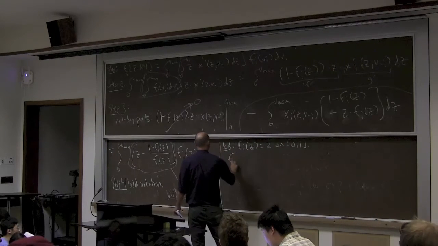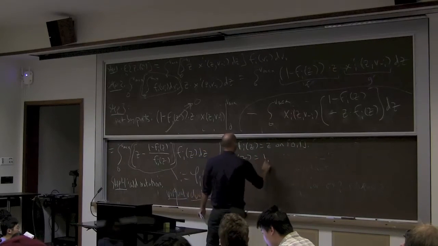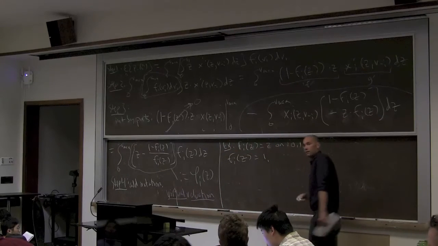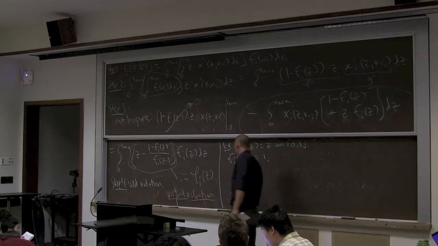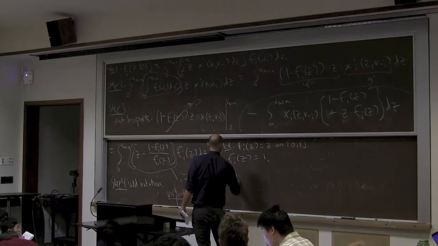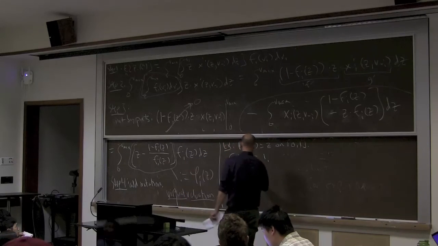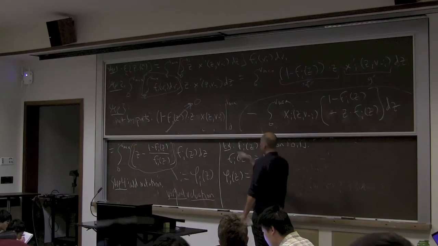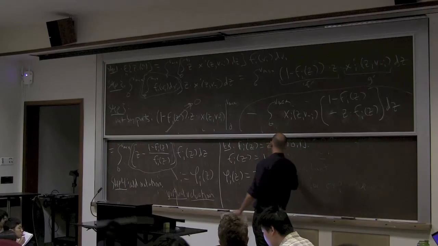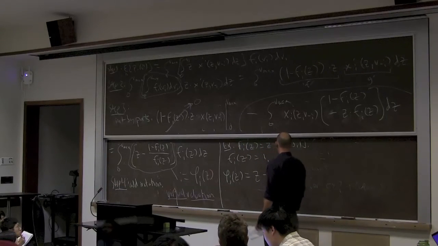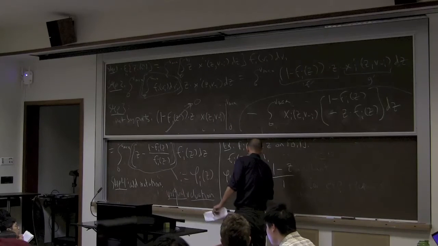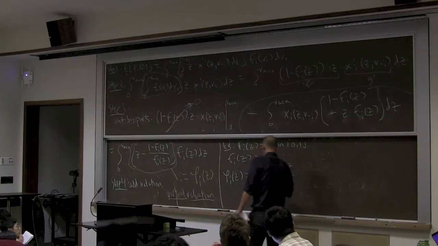So the density is just 1. Let's look at what the virtual value is. By definition, it's z minus (1 minus the distribution function), and the distribution function is just the identity function, divided by the density, which is just 1. So this is just 2z minus 1.